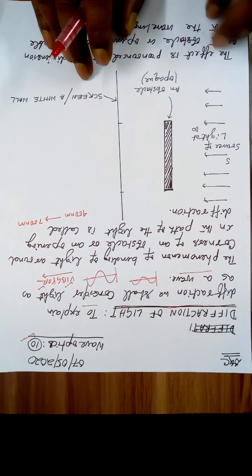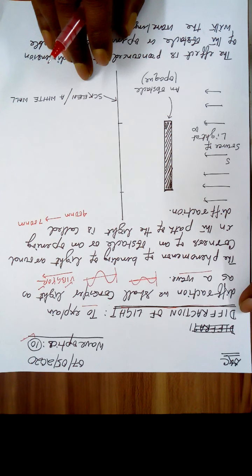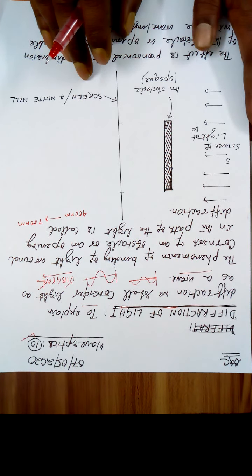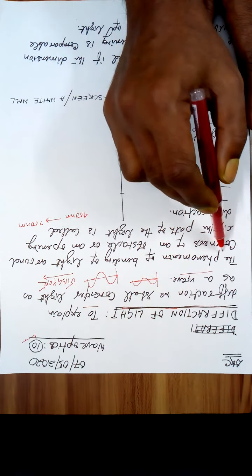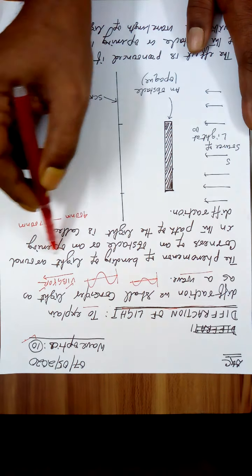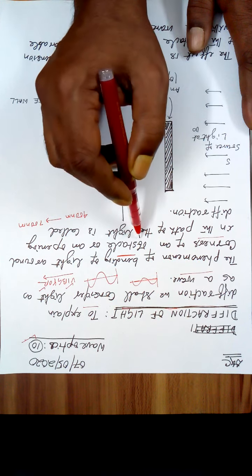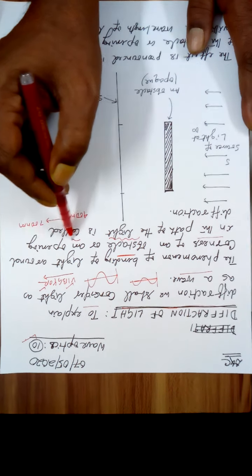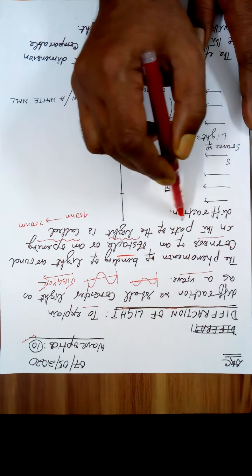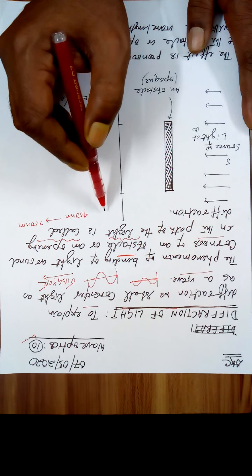Now, to explain this phenomenon, we have to consider light as very small waves. Now, what is it? The phenomenon of bending of light around corners. Bending of light around corners of an obstacle or an opening in the path of the light is called diffraction.